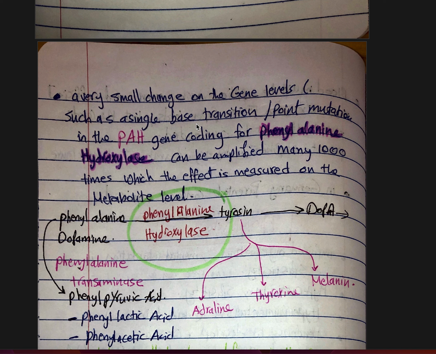A very small change at the gene level, such as a single base transition or point mutation in the PAH gene, phenylalanine hydroxylase, coding for the phenylalanine hydroxylase, can be amplified many thousand times, and the effect is measured on the metabolite level.